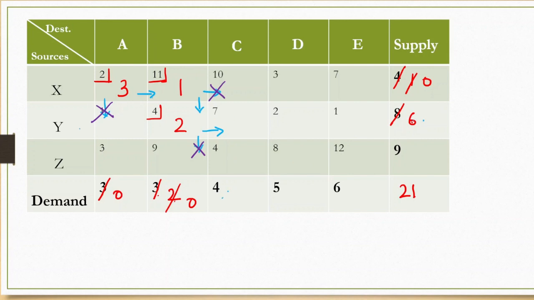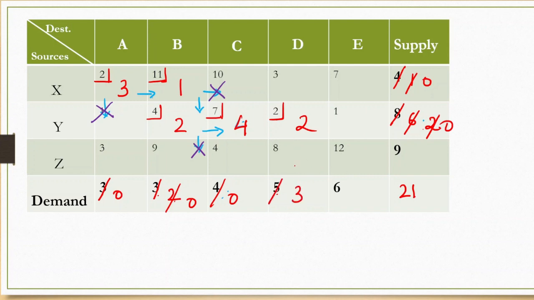So for source Y going to destination C, I can only have 4 units. Let me take the red color pen. 4 units, and then this becomes 0 and this becomes 2. Now I can't go down, so moving in this direction, the minimum of 5 and 2 is obviously 2. So this becomes 0, and 5 minus 2 is 3.